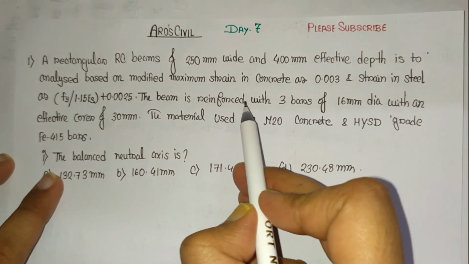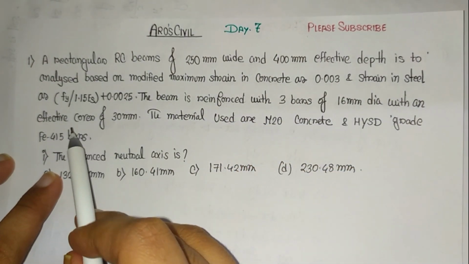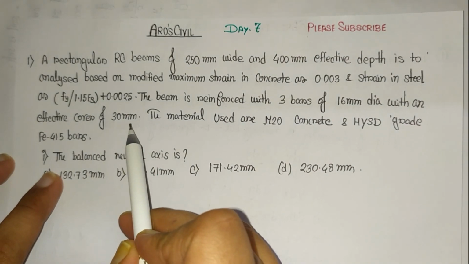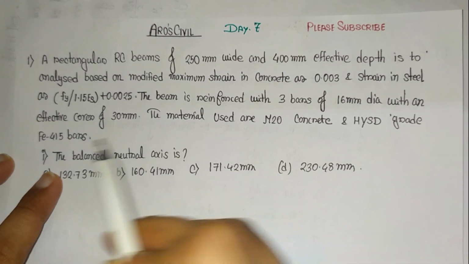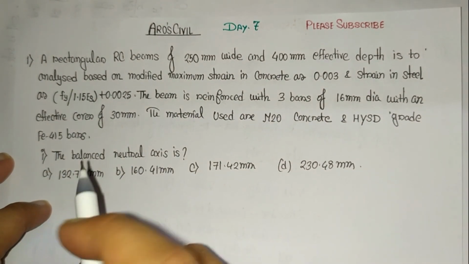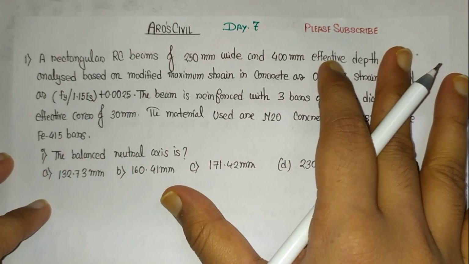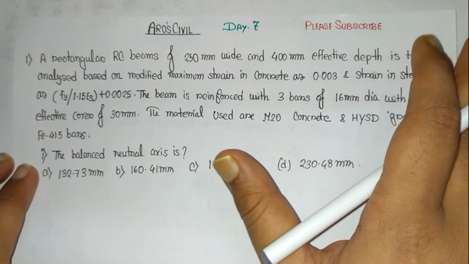The beam is reinforced with 3 bars of 16 mm dia with an effective cover of 30 mm. The materials used are M20 concrete and HYSD grade Fe 415 bars. So the total dimensions and information of the beam are given.